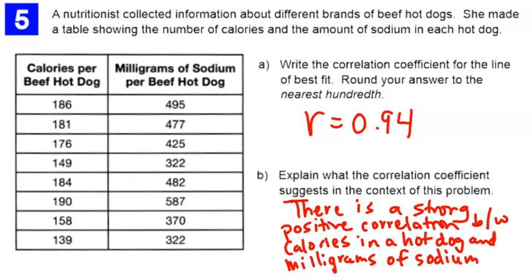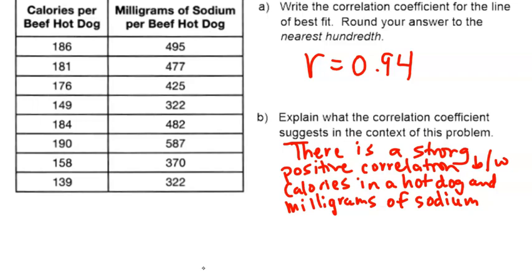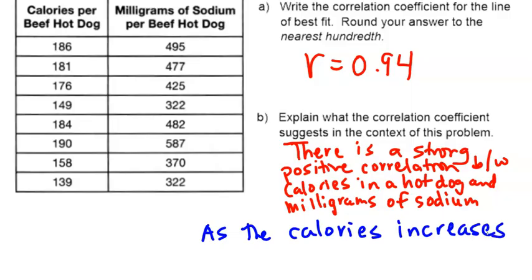If you'd like to add a bonus sentence here, then you can use this sentence starter. As the X increases, right? But instead of the word X, we're going to use the label from the chart. As the calories increase, right? As X increases, that's a sentence starter. It's always going to start like that.